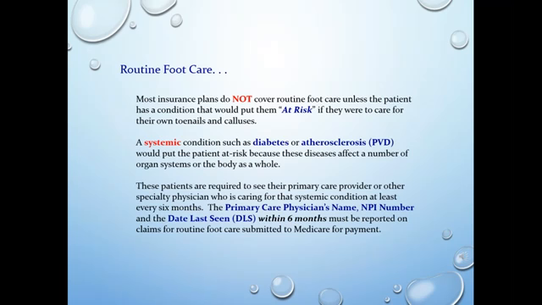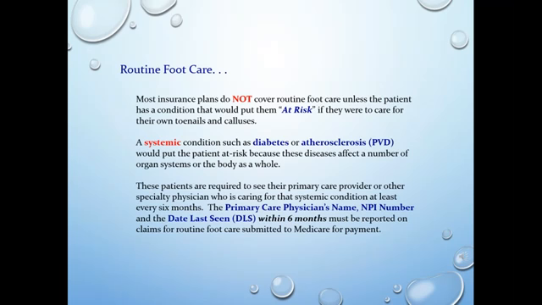Systemic conditions such as diabetes or PAD, PVD would put that patient at risk and would qualify them for that care. It's very important that you do your best to work with your patients to make sure you have their primary care physician's name. You can look up through TrackNet. You can search for doctors' NPI numbers if that's needed.